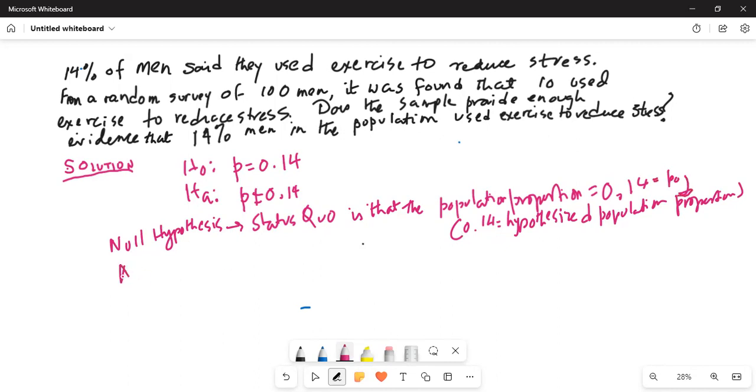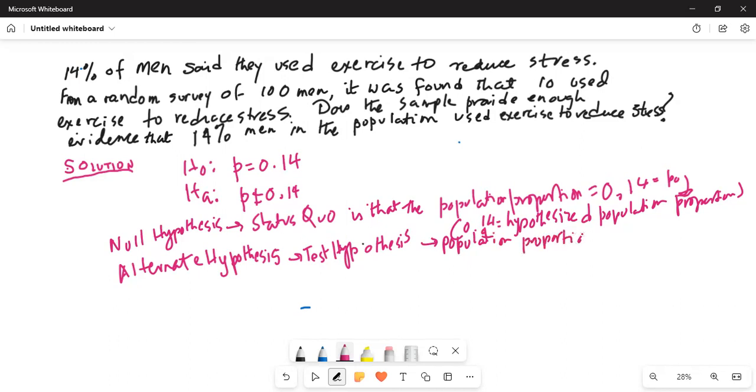And alternate hypothesis, which is the test hypothesis, is that the population proportion is not equal to 0.14.